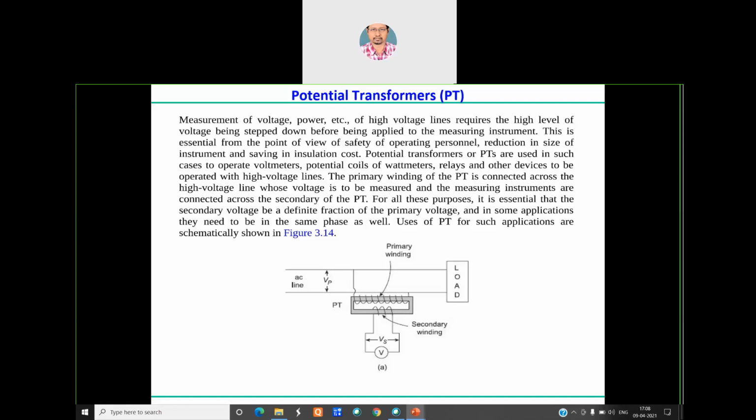So when you are connected with the live conductors, particularly across the high voltage line, it is very important to measure that particular electrical parameter with the highest accuracy, where you cannot afford any mistakes. By extending the range of multipliers or the shunts, you can obviously measure voltage and current, but that is an erroneous measurement.